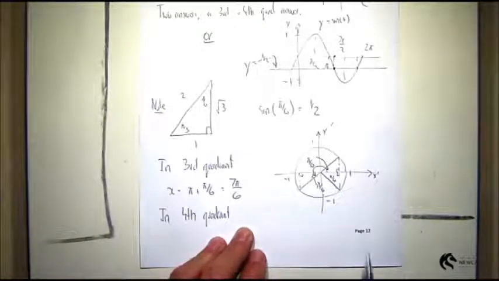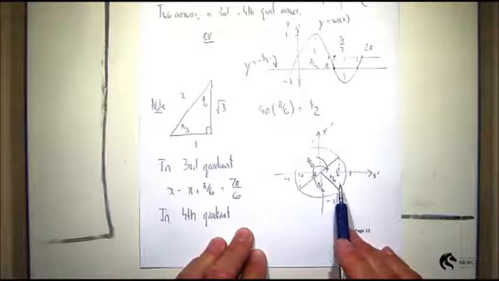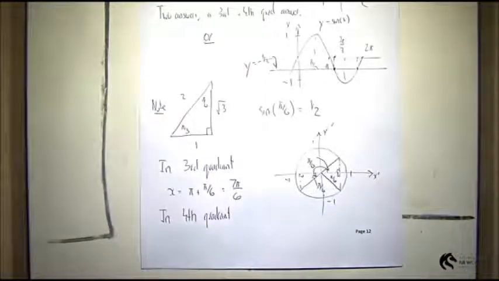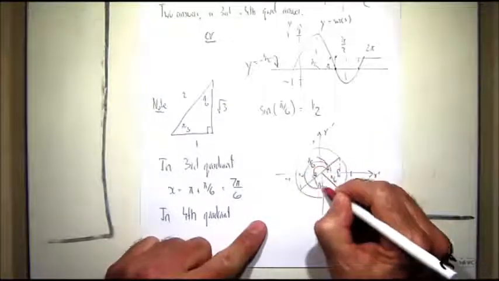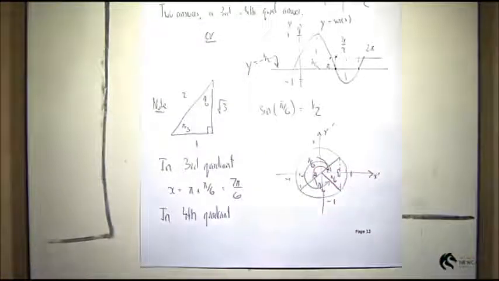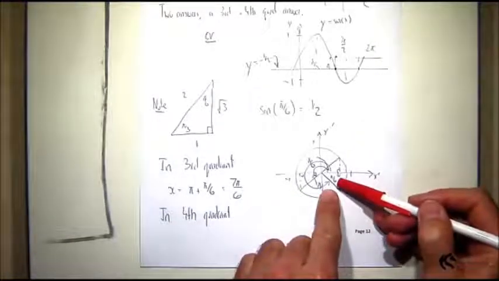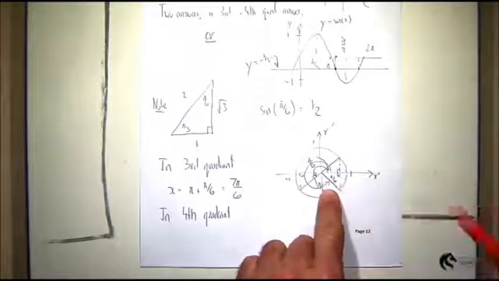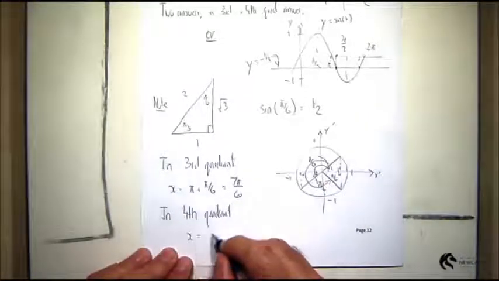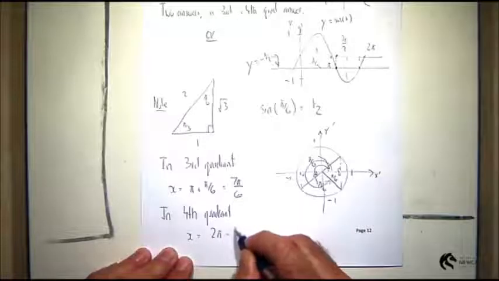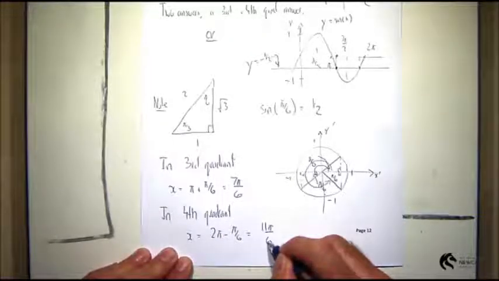So this is my fourth quadrant equivalent triangle. And you can see the angle now for that one is this one right round here to there. And so that angle is 2 pi minus pi on 6. So in the fourth quadrant, the angle is 2 pi minus pi on 6, and so that will be 11 pi on 6.